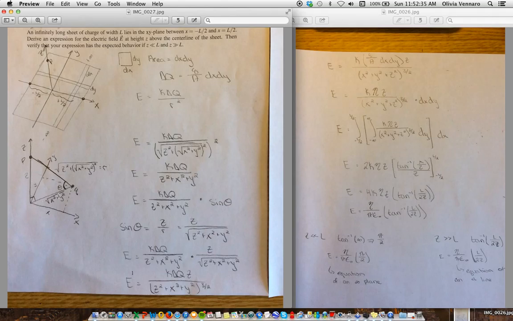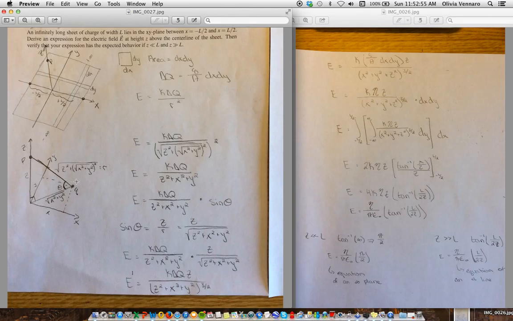So I know that this leg is actually just the hypotenuse of the point Q on the x-y plane. So that would just be the square root of x squared plus y squared. And the other leg is just z.